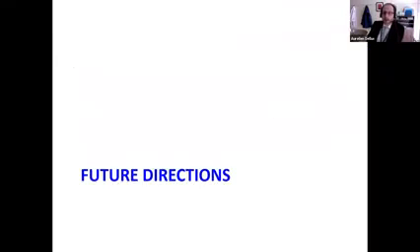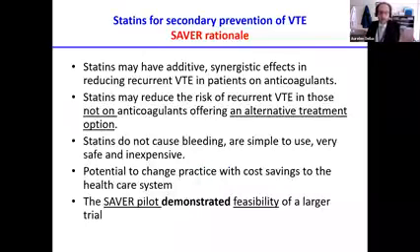And with this, I'm going to go to the future directions on VTE and statins, or statins and VTE, to have a quick look at the SAVOR trial. So based on all these observational studies, there is clearly room for a randomized trial to assess whether a statin can reduce the risk for venous thromboembolism recurrence.